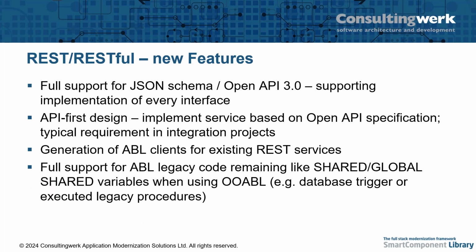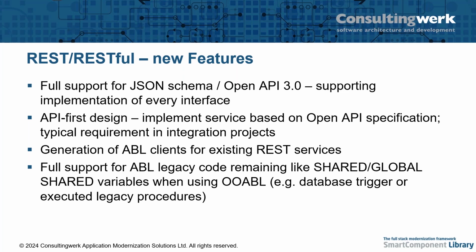We recently released a couple of new features, or are soon going to be releasing them. One is that we now really support every bit of the OpenAPI 3 specification. We have recently added features of an API-first design.